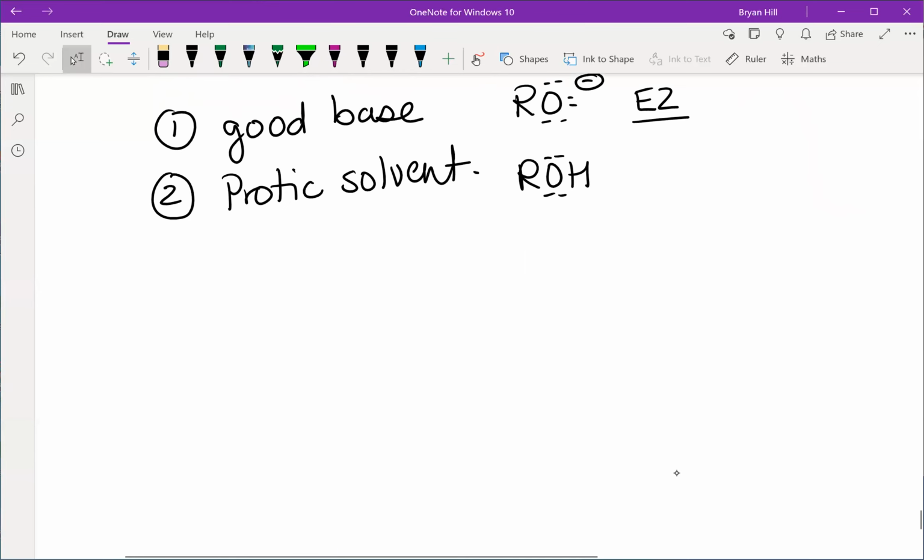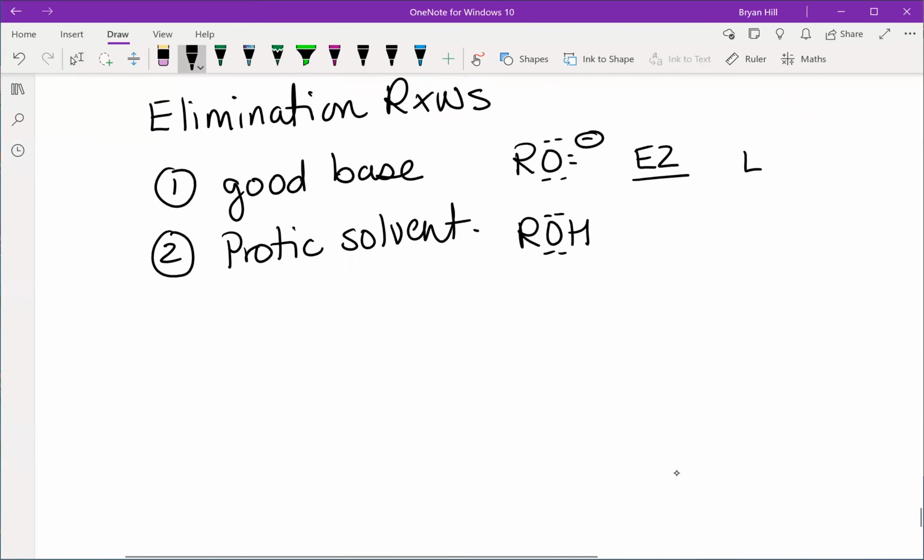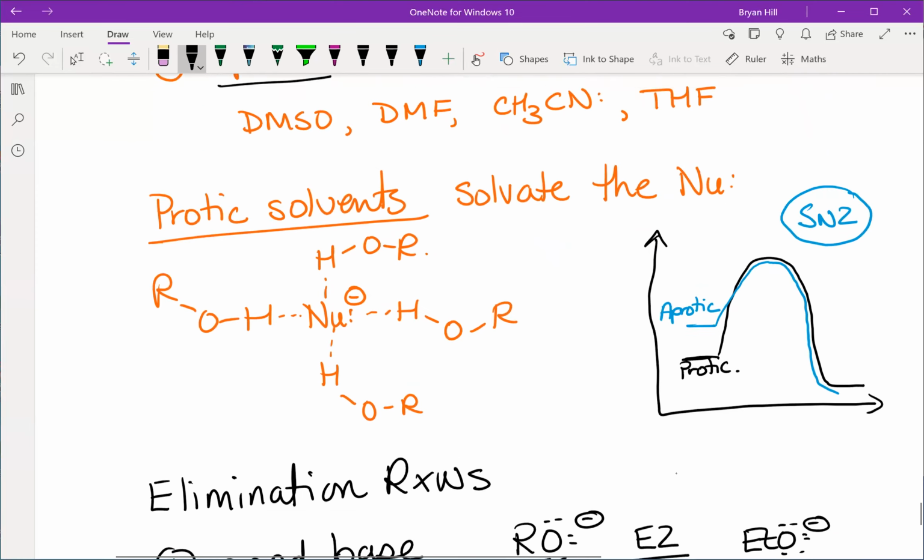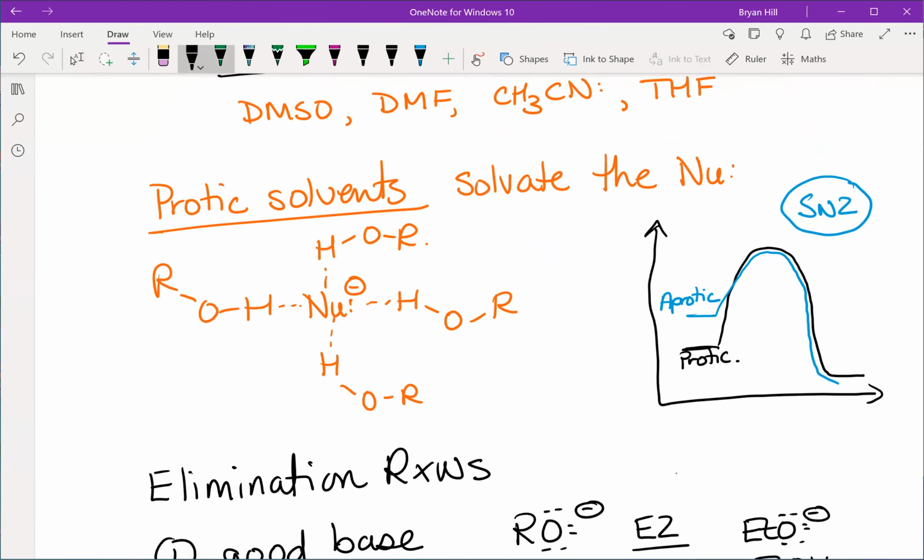So if you're using ethoxide, you would put this in ethanol. And this is going to promote an E2 elimination reaction because if there was a possibility of a substitution reaction, SN2, it's going to slow it down because you're increasing the activation energy here, this delta G dagger.